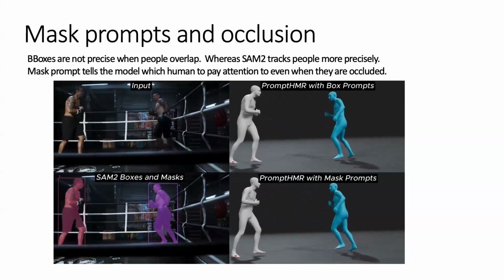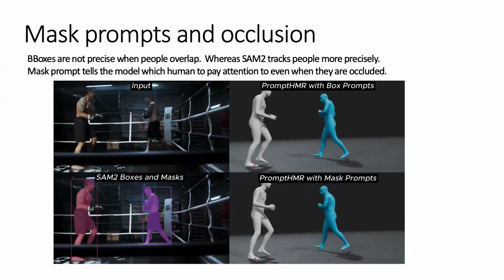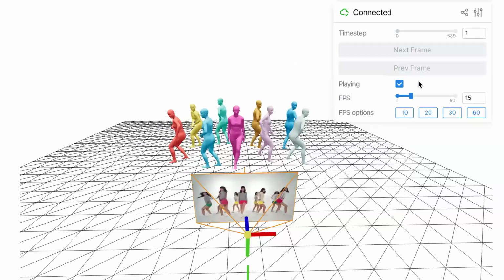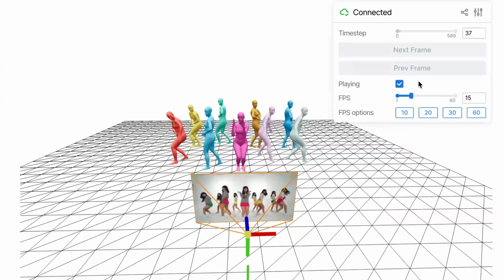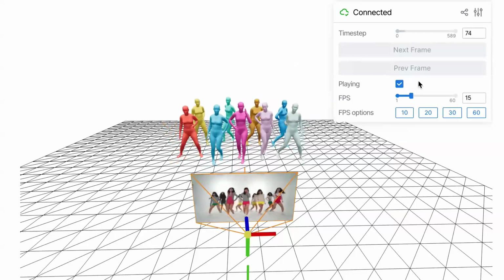Okay. And then in terms of numbers, I want to give you some results. This is in image coordinates or camera coordinates. These are standard metrics for per joint, mean joint position error, and per vertex error. Among methods that look at the whole image, prompt HMR is more accurate, lower numbers.